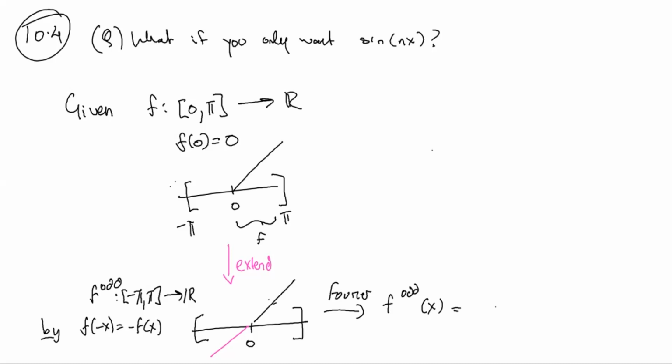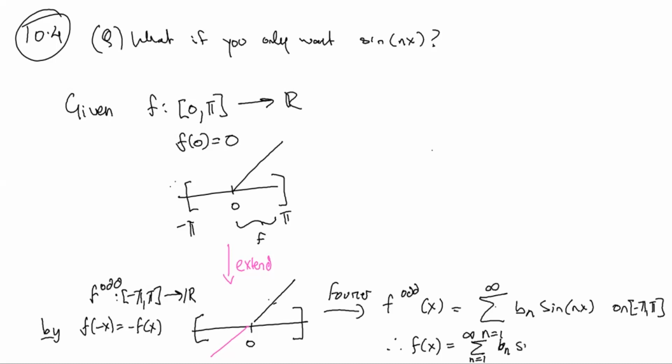It's odd, so there are no a_n coefficients. It's going to be a pure sine series. This is on the whole interval, but that implies that f of x itself is equal to this on the half interval. So it's a cheap, easy trick, but it comes up. This is called an odd extension.